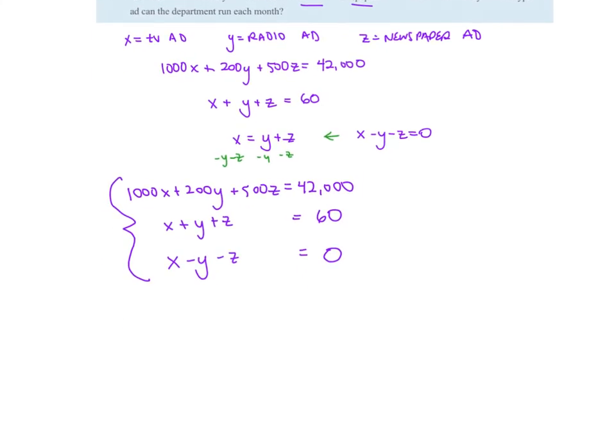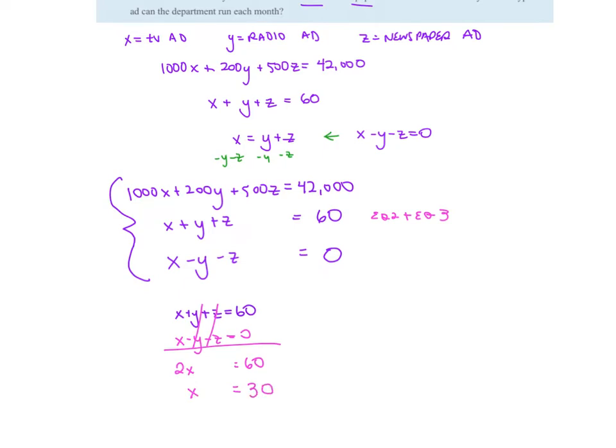So let's first add together equation 2 plus equation 3, because I noticed things will cancel out here, so that'll help me out. So x plus y plus z equals 60, and then x minus y minus z equals 0. So what that gives me is 2x equals 60, or x equals 30.